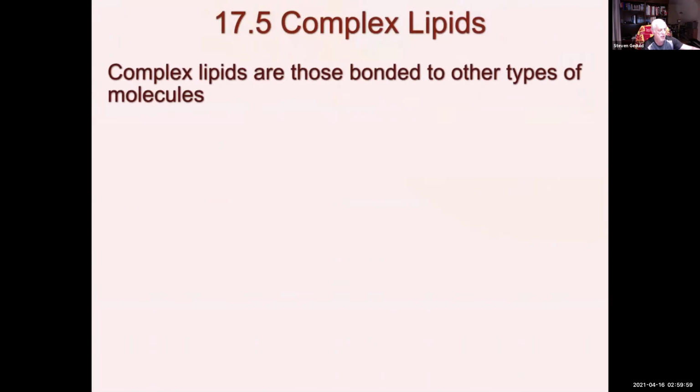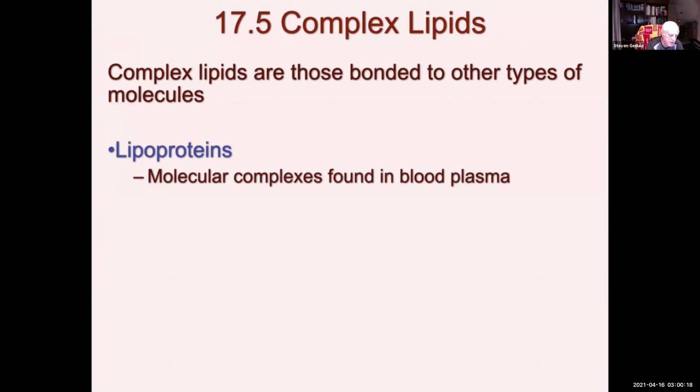Complex lipids. Complex lipids are those bonded to other types of molecules. So if you take a lipid and bond it to something else, that's a complex lipid. You have lipoproteins. Lipids are bonded to proteins. Molecular complexes are found in the blood plasma.